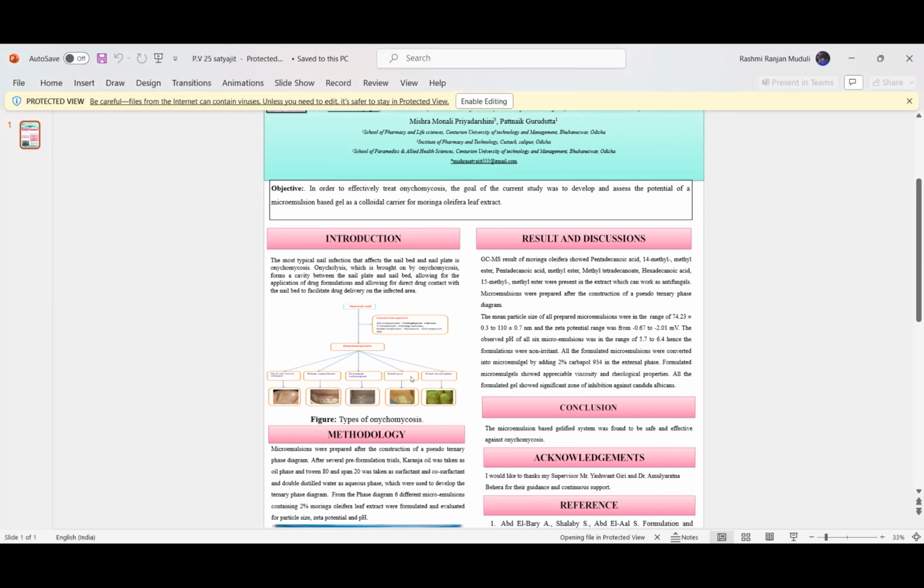This is a normal nail, and the causative agents are dermatophytes, Trichophyton rubrum and others. The types are distal and lateral subungual onychomycosis, white superficial onychomycosis, proximal subungual onychomycosis, endonyx onychomycosis, and the last is total dystrophic onychomycosis.